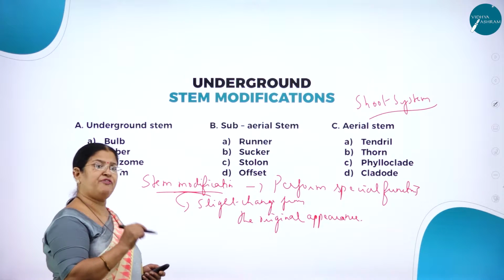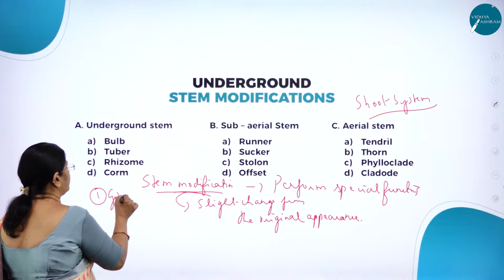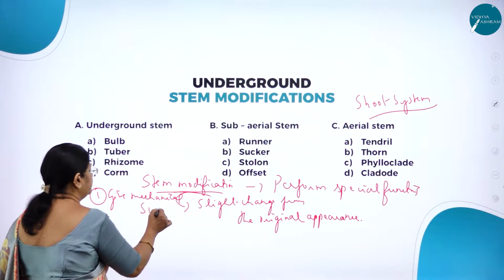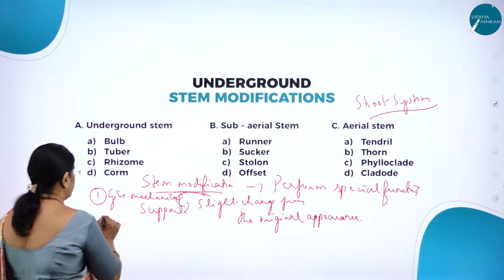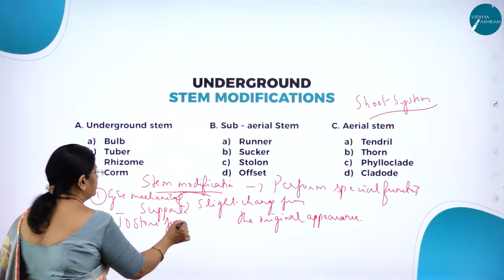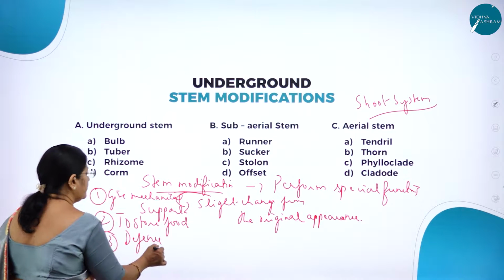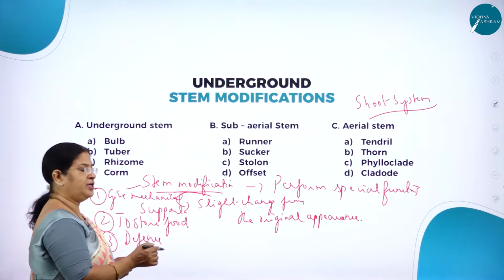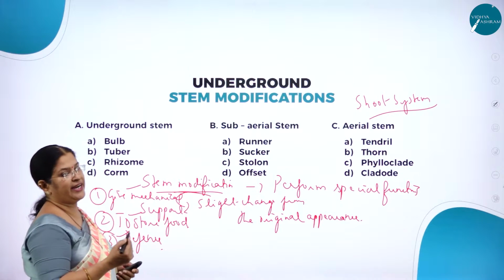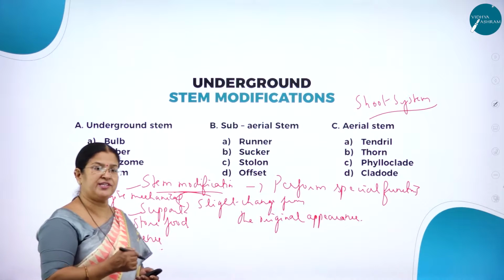What are the special functions then? First and foremost is to give mechanical support. Then second one, to store food. Third, for defense. So to give mechanical support, to store reserve food materials, and for defense, it gets itself modified.